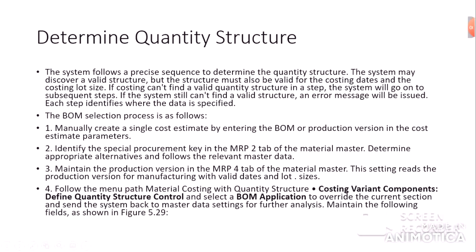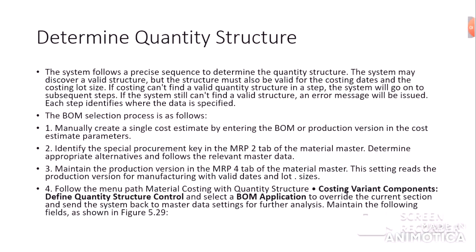So determine quantity structure. The system follows a precise sequence to determine the quantity structure. The system may discover a valid structure, but the structure must also be valid for the costing dates and the costing lot size.